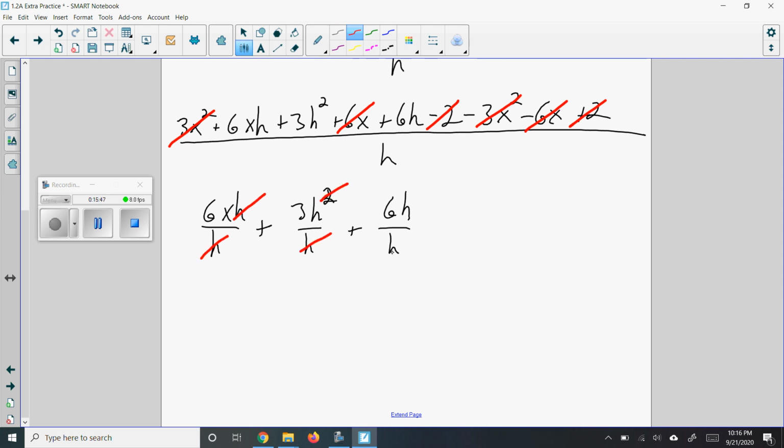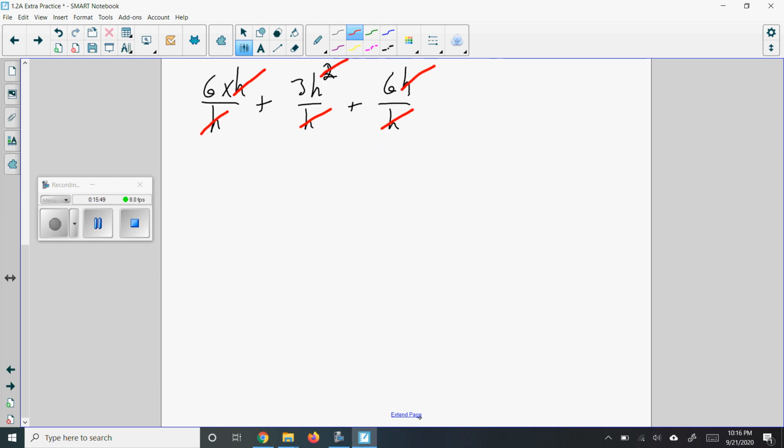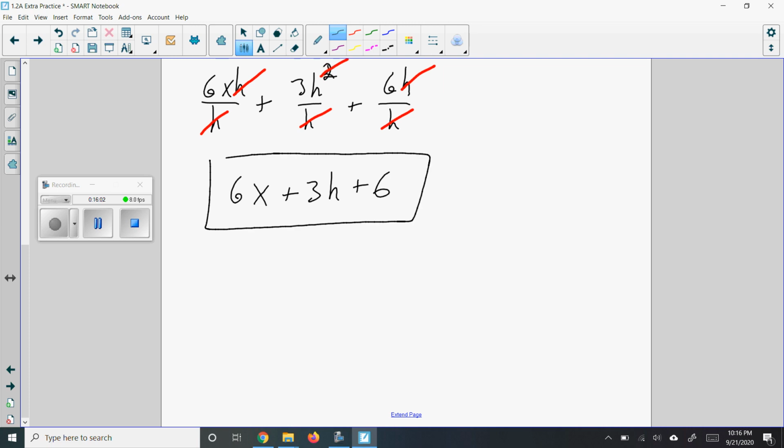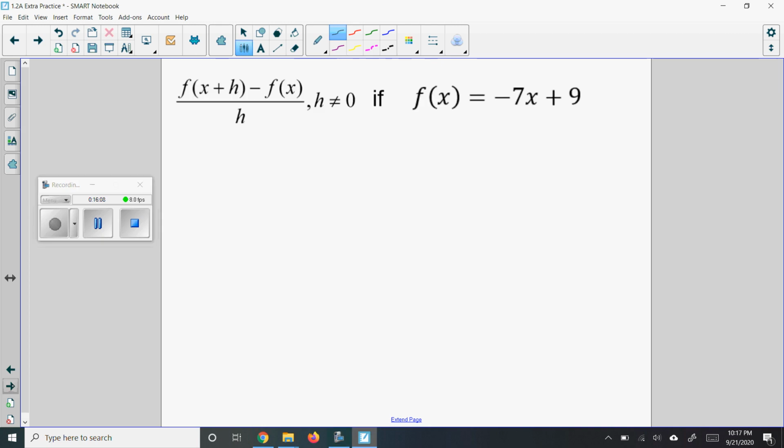This h will cross out one of these h's, and these h's will cancel. So what we're finally left with is 6x plus 3h plus 6. Ooh, all right, that was a fun one. And this one was short and sweet.